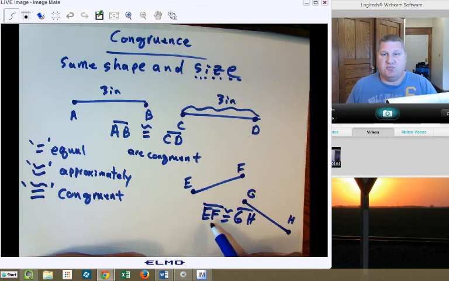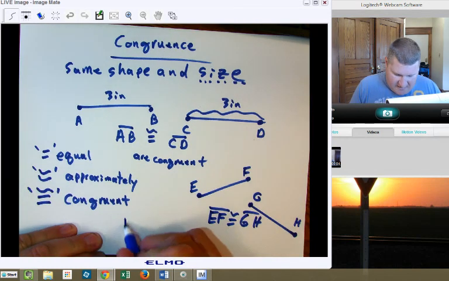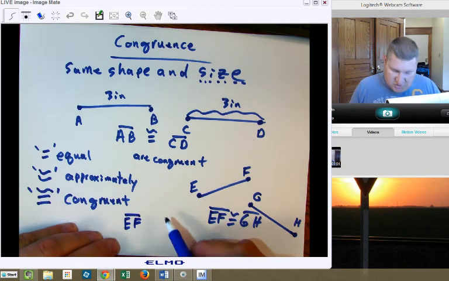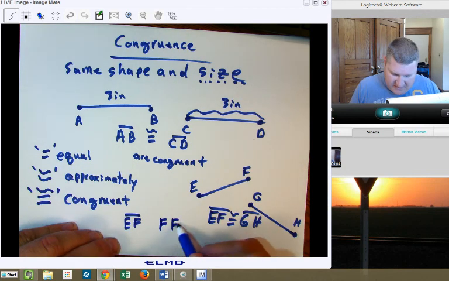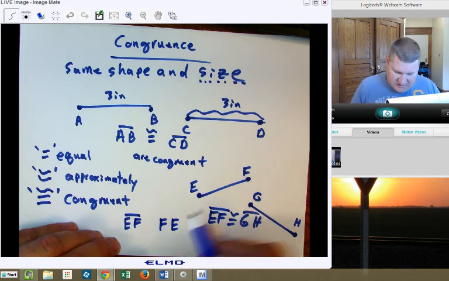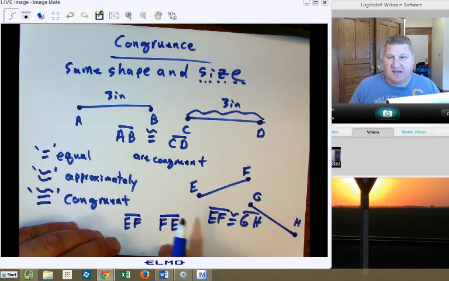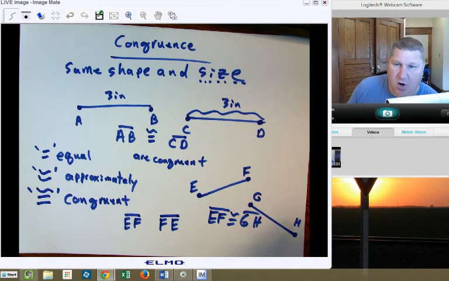But I could do better than just congruent. If I have EF as a segment, I could also name it FE because it is the same length regardless of which end I start from. And so in this case, EF and FE, you could argue are congruent because they are the same length.